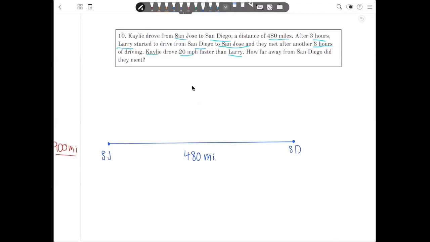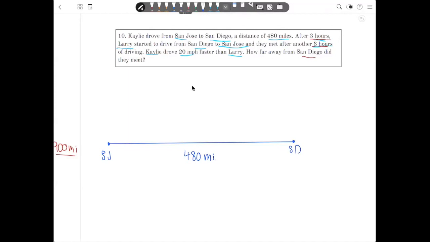Okay, so after 3 hours, Larry started to drive from San Diego to San Jose, and then they met after 3 hours of driving. Kaylee drove 20 miles per hour faster than Larry. And how far away did they meet? So in this problem, it's a distance of 40 miles, after 3 hours Larry started to drive, and they met after another 3 hours.